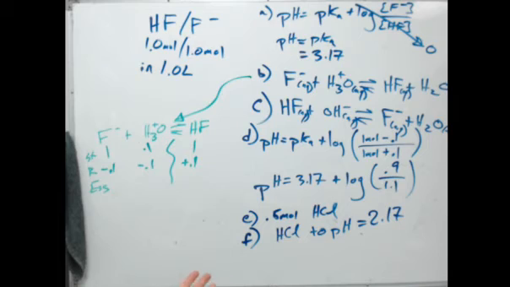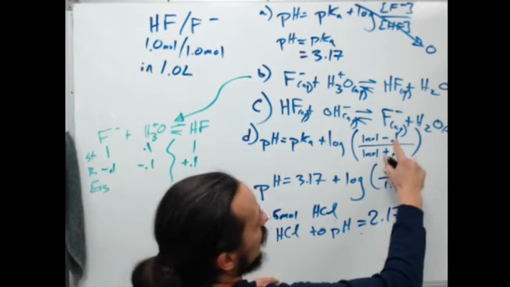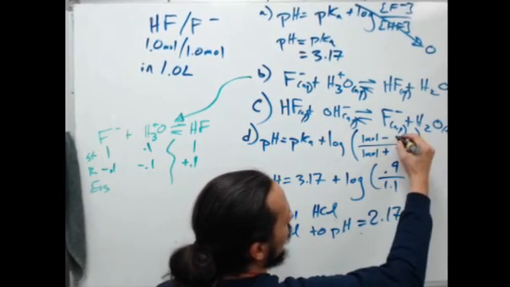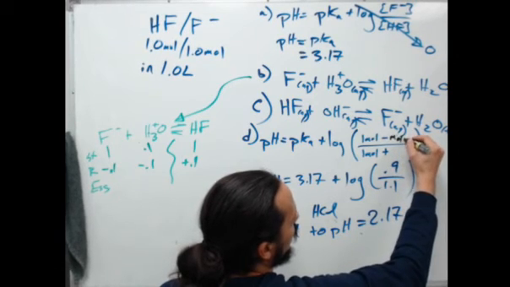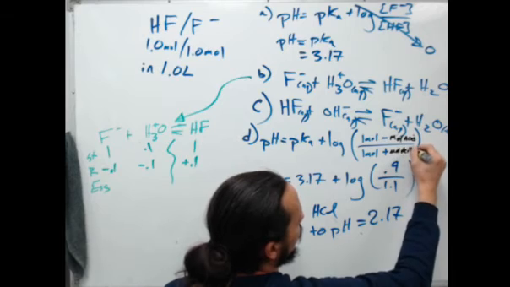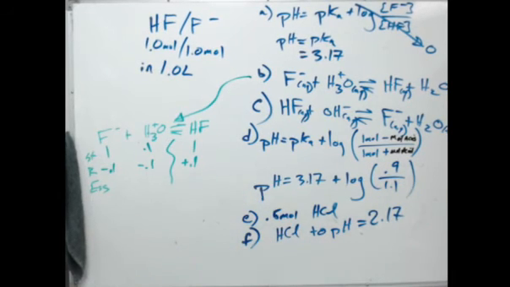Right. So I know my midpoint's 3.17. I'm going to get 2.17. Now, instead of having 0.1 here and 0.1 there, I'm going to have moles of acid, and I'm just going to solve for moles of acid. That's for part F.